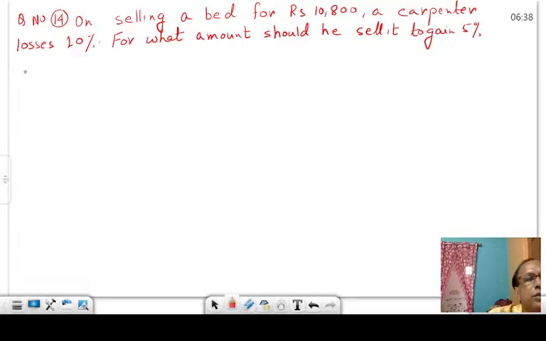Right? How to solve this one? Actually, first we have to find the cost price. After that, we can find for what amount we should sell it to gain 5%. Right?